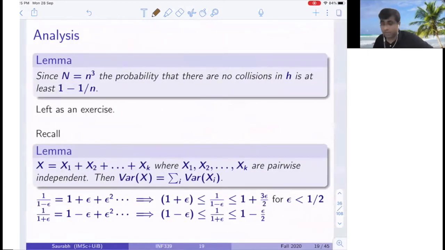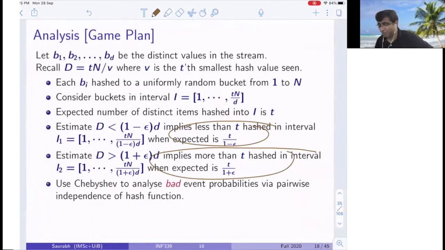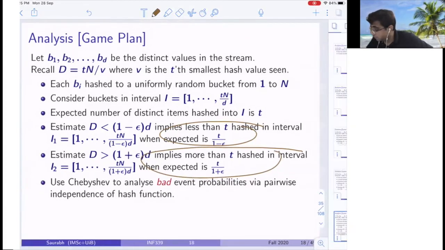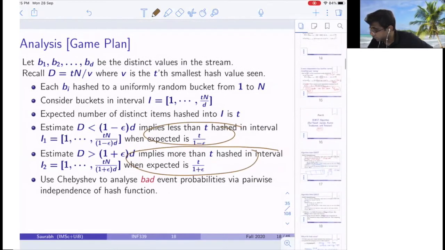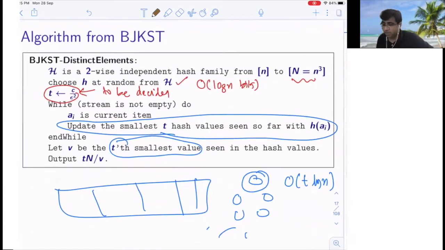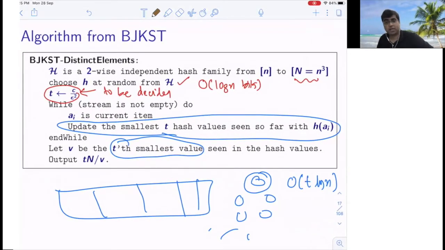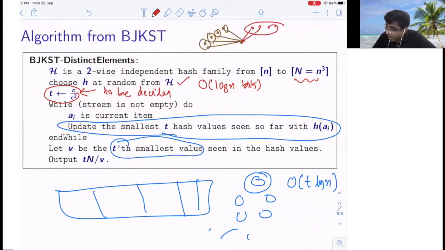But there is something which I did not tell you, or we didn't bother about. Notice one thing. We chose h randomly from H, which is a family of functions. So it is true that every item which is the same will be mapped to the same place. But two different items could also be mapped to the same place.